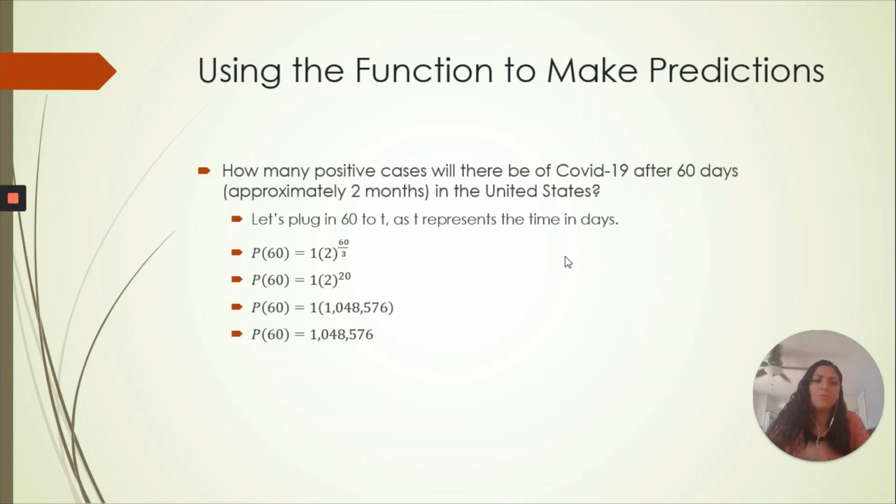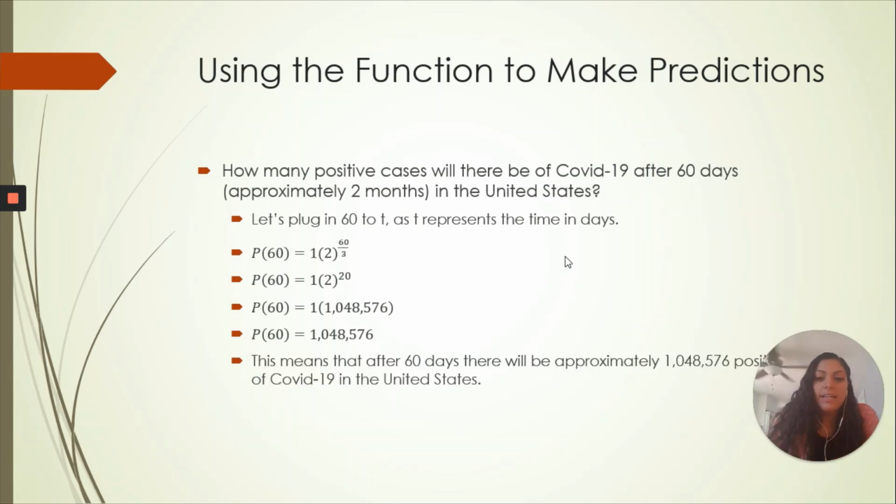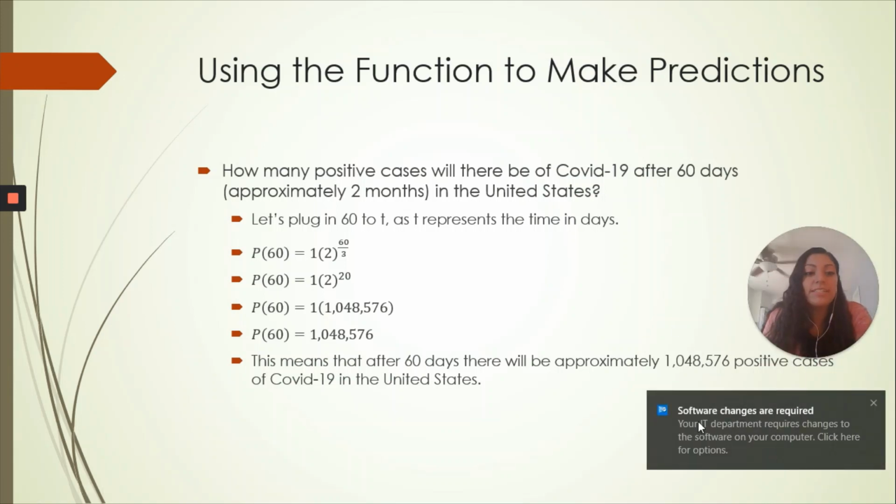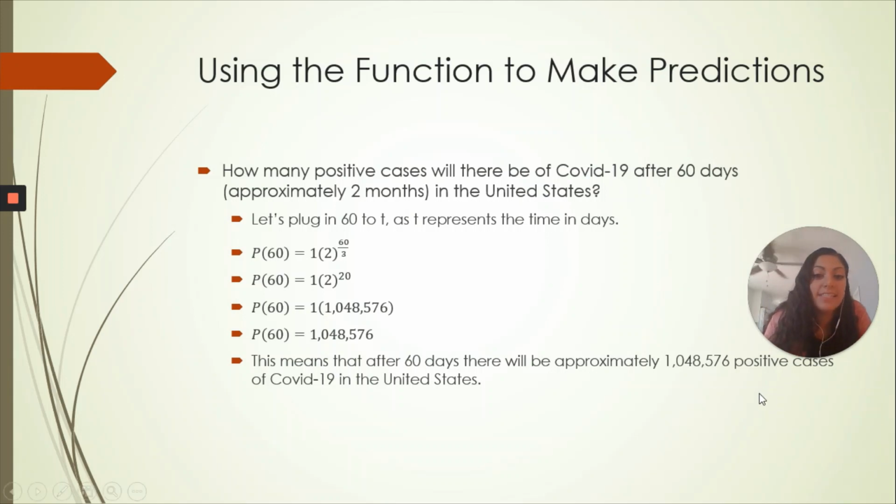And that means we have P of 60, that's how you read that, P of 60, equals 1,048,576. So what does that mean? This means that after 60 days, there will be approximately 1,048,576 positive cases of COVID-19 in the United States. That is crazy, right? It grew pretty quickly.